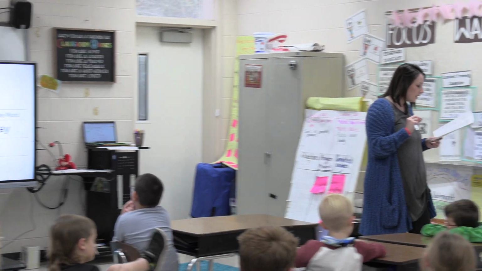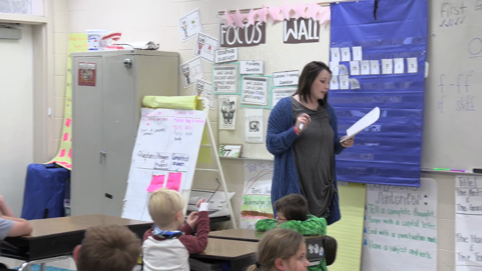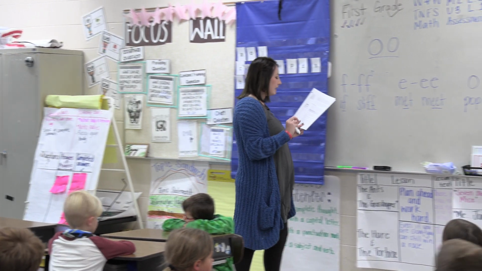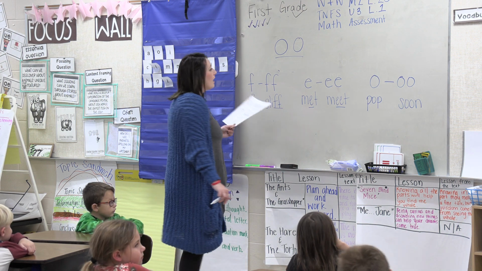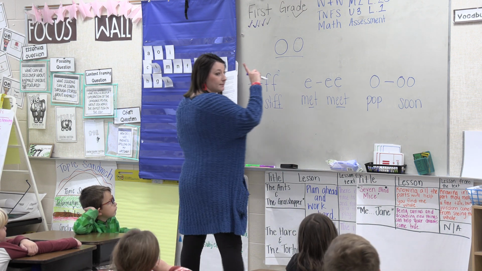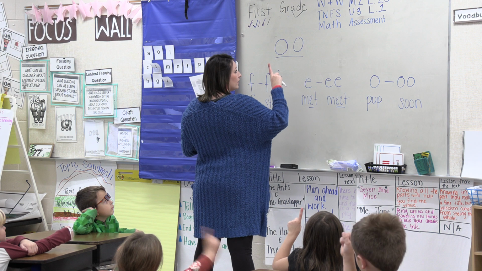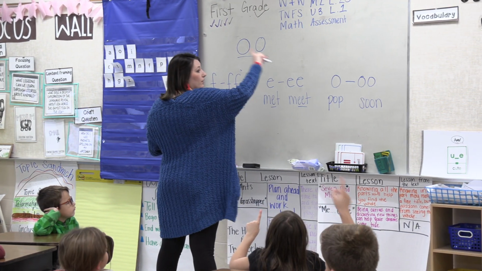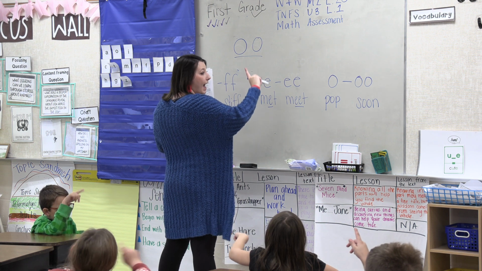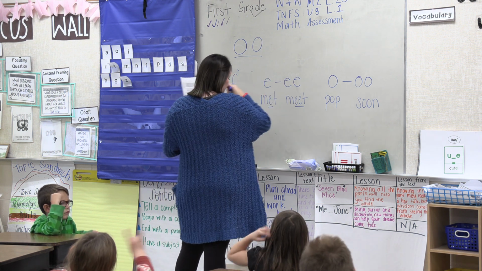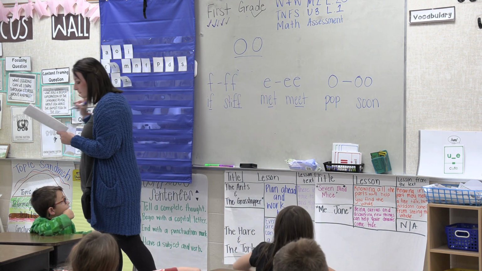Okay? So, ooh sound is spelled as a vowel team. Say ooh. Now, take your fingers, watch me, circle to the left, circle to the left. That makes ooh. Good job.